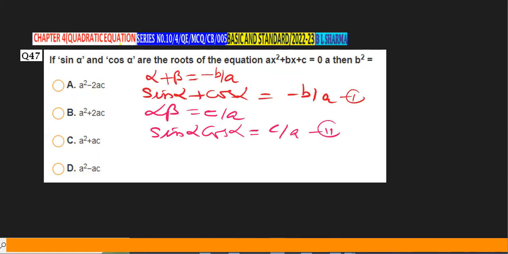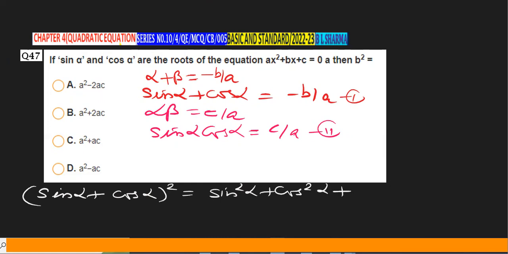Now we will use trigonometric identities. Sin alpha plus cos alpha whole square is equal to sin square alpha plus cos square alpha plus 2 sin alpha cos alpha.